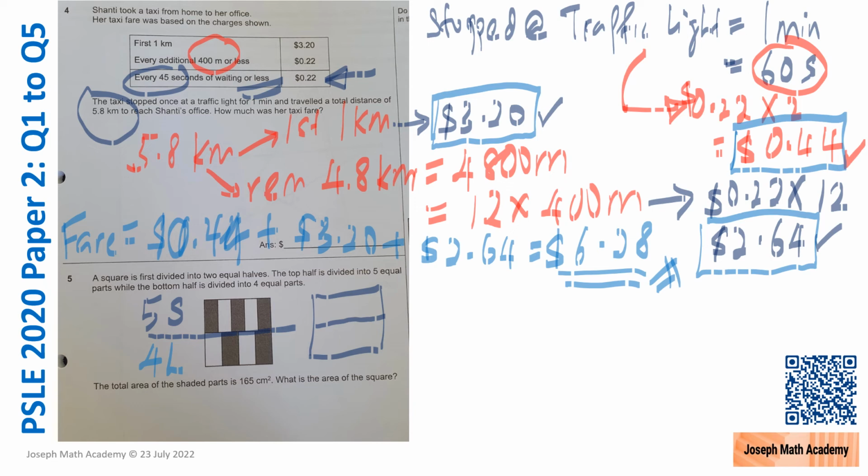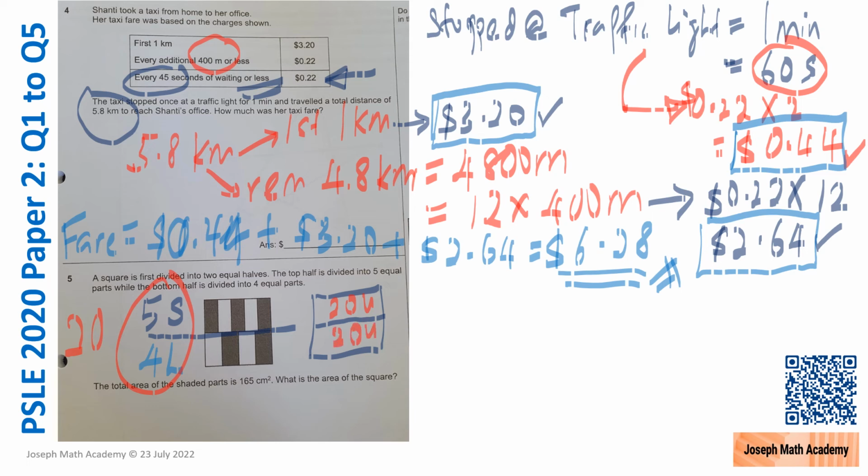Now, since upper half and lower half are identical, they should have the same value. But if you look at these two, they are not. So how to make them the same value? Our common multiple comes in. It has to be 20. So 20 units here, 20 units here.